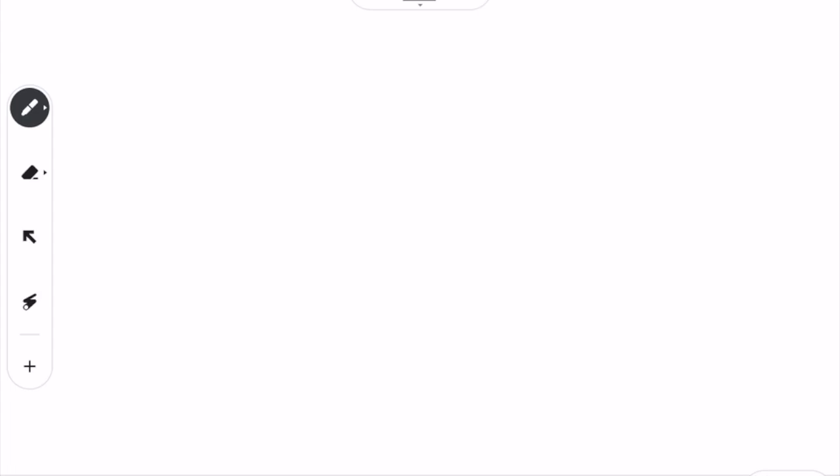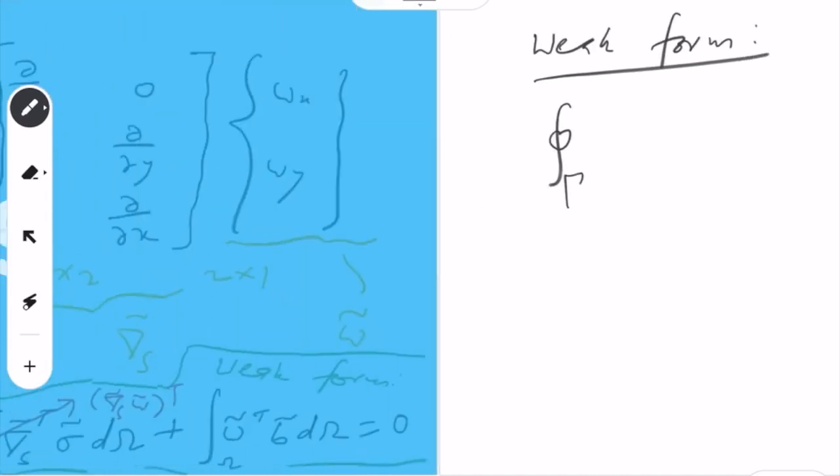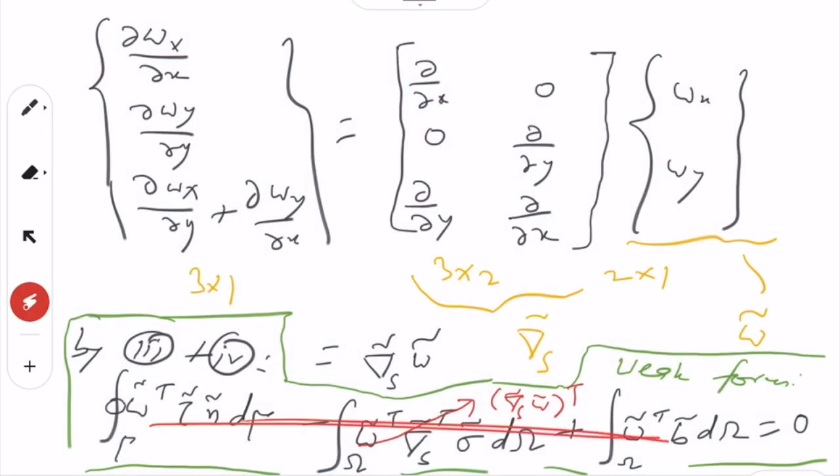So the weak form basically is this first. Let us make the correction first, and then we will do next.